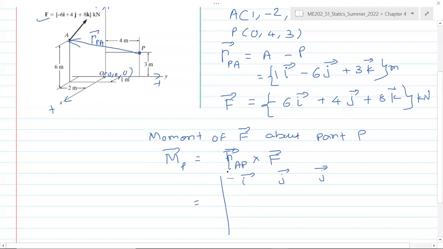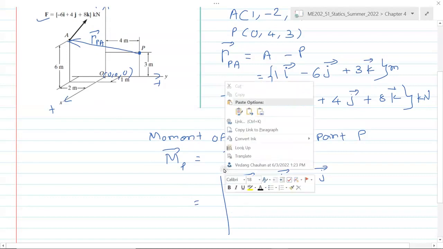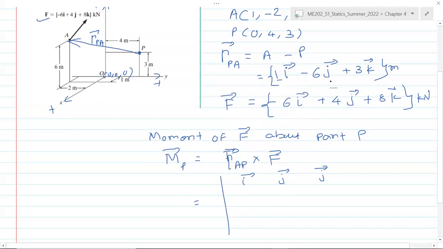The middle one has the 3 values for the components of R. So those are 1, -6, and 3. And the last one is the 3 values for F. So -6, 4, and 8.